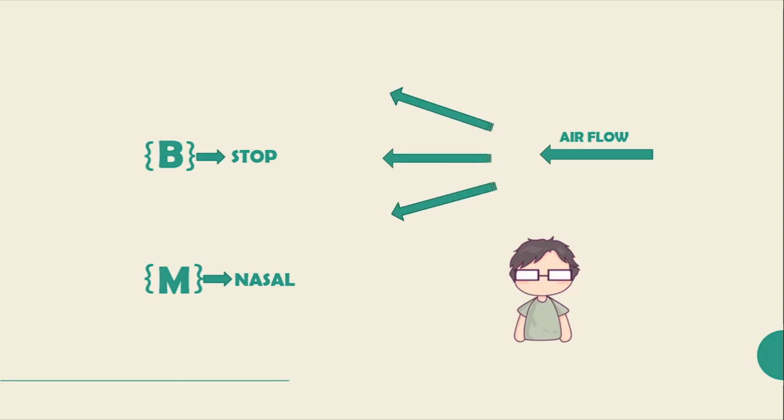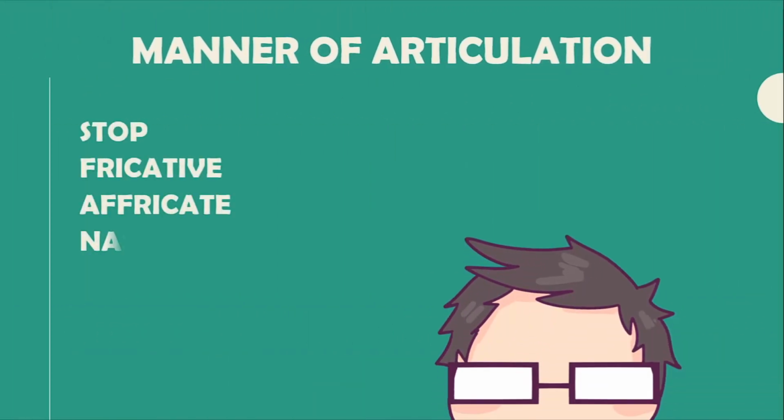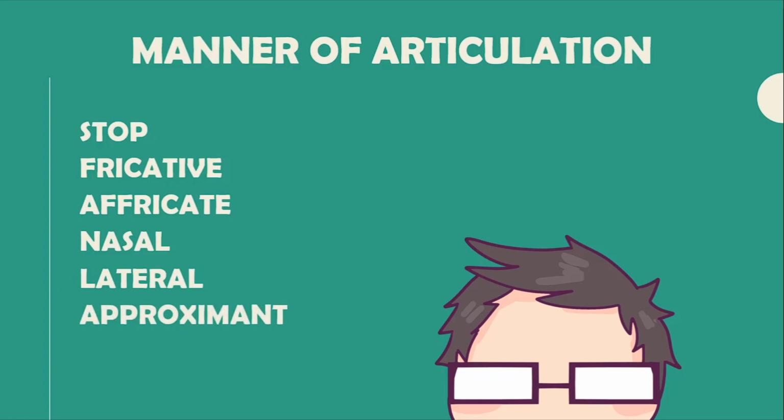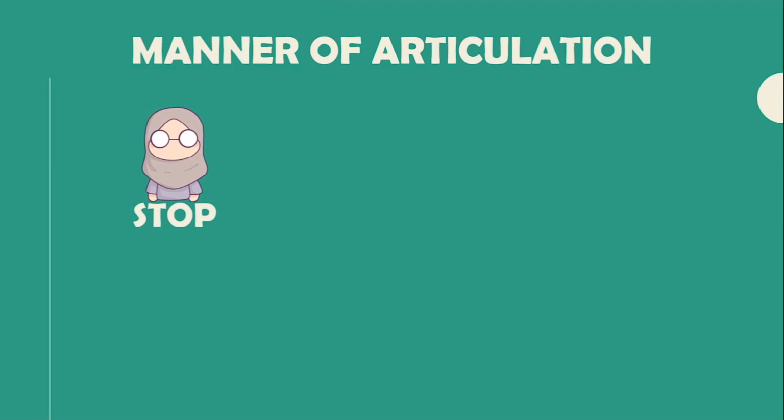Okay. Now, in the manner of articulation, we have stop, fricative, affricate, nasal, lateral, and approximant. The one we're going to discuss first is stop. A stop is a blocking of the airflow and then a sudden release.